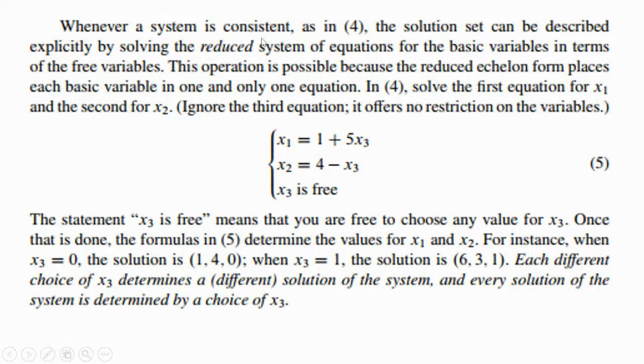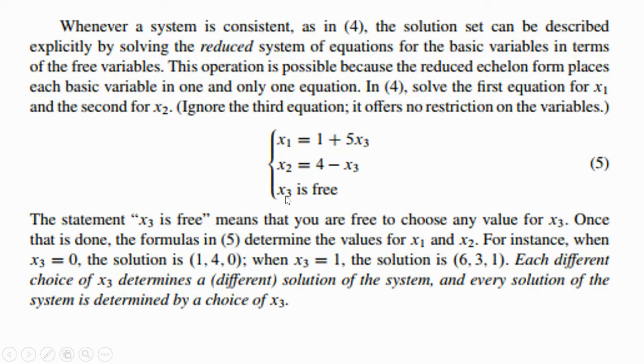Okay, so whenever a system is consistent, the solution set can be described explicitly by solving the reduced system of equations. And so you can come up with all the infinite number of solutions here by choosing different choices of x3. So if I take x3 to be 1, for example, I get 1, and I get 3, and I get 6.